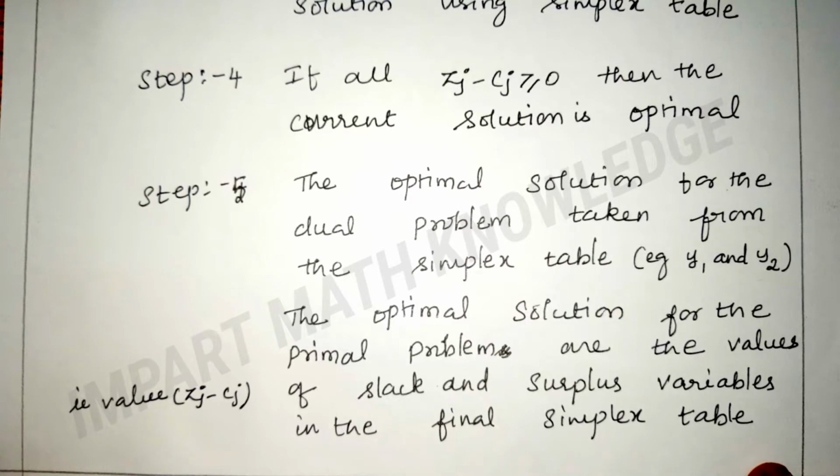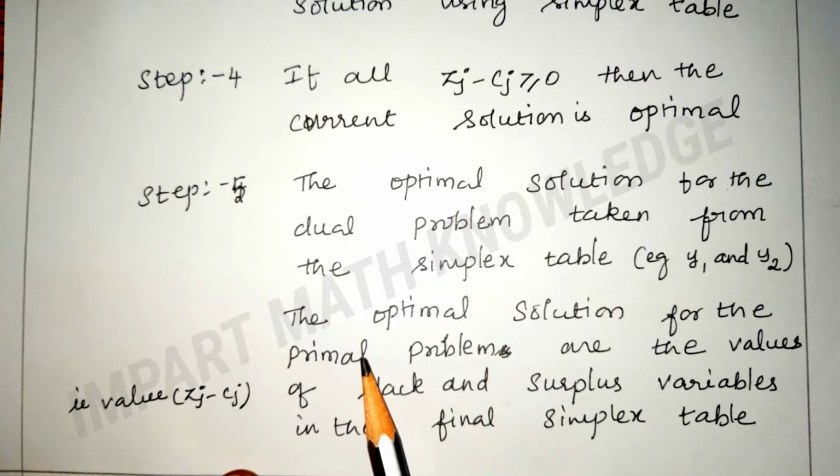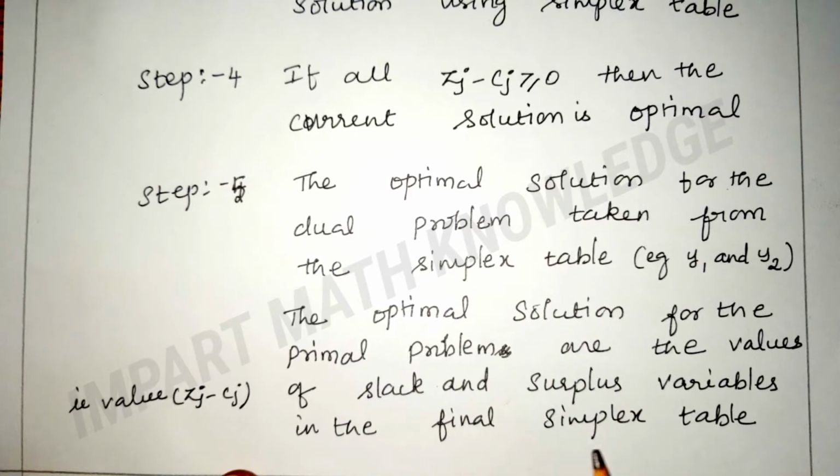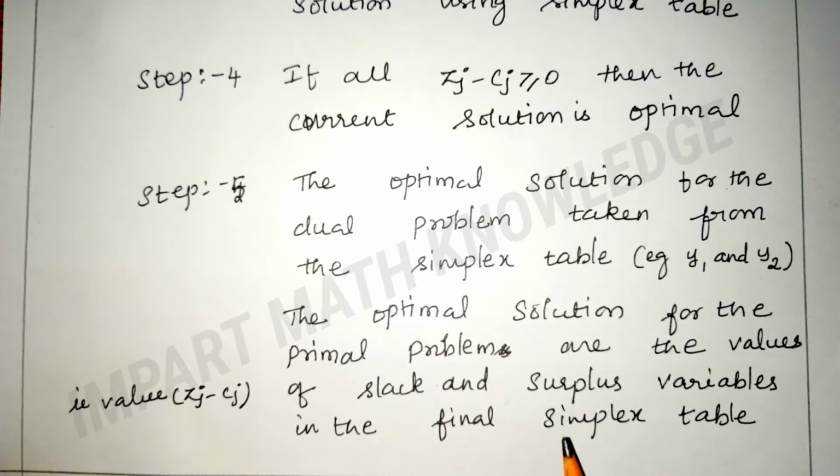For the dual problem, you can take the optimal value from the simplex table. For the primal problem, you have to take the slack or surplus variables in the final table of the simplex table. The values of the slack or surplus variables will decide the optimal solution for the primal problem.